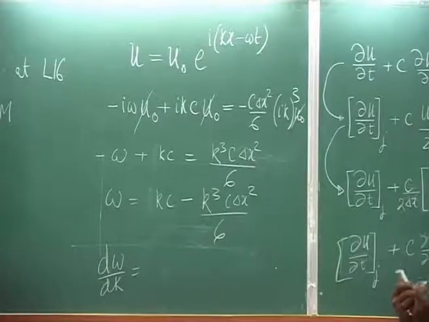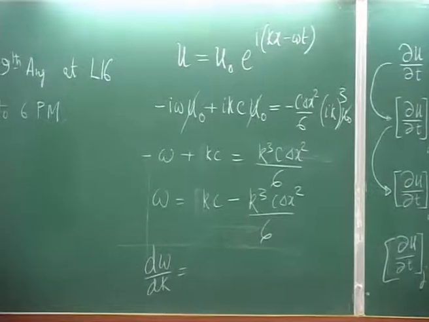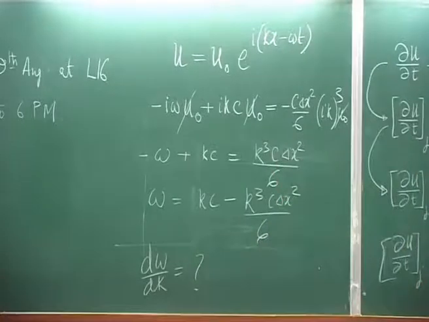So, if I have a compact disturbance at t equal to 0, it will disperse itself. So, you can work it out and you can judge for yourself why we call that a dispersion. Is that clear?